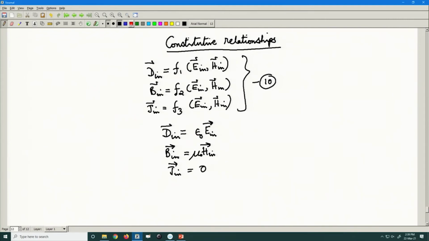So, you see the parameters epsilon 0 and mu 0 creeping into the interrelationship between the field quantities. So, we call this equation 11.